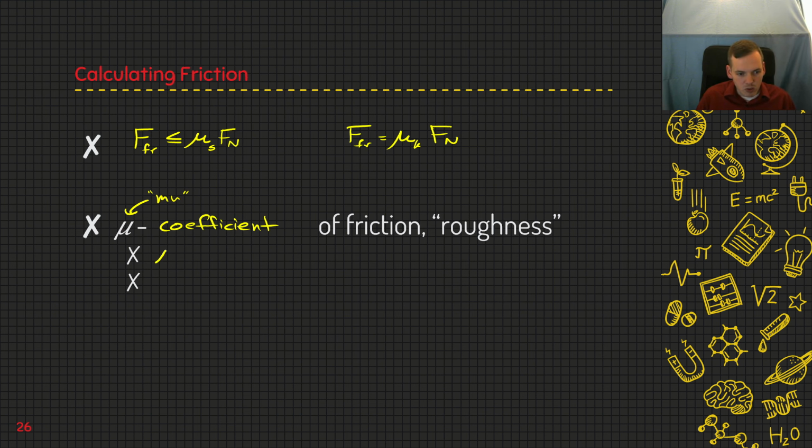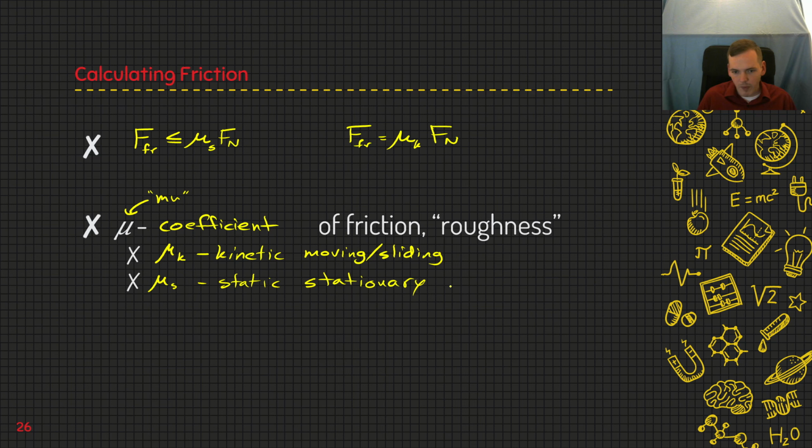The reason we have two is we have mu k, which is the kinetic, and this is for moving or sliding objects. And then we have mu s for static, and that's for stationary objects. And this is because they change as time goes on.